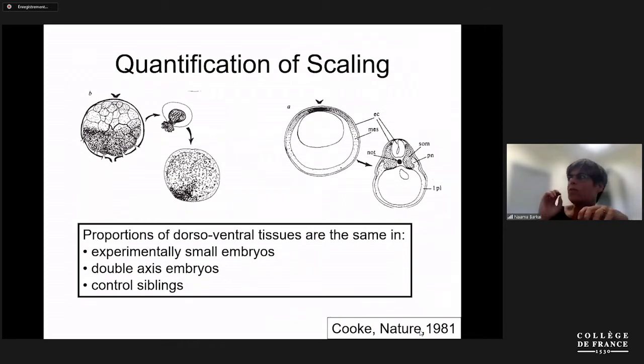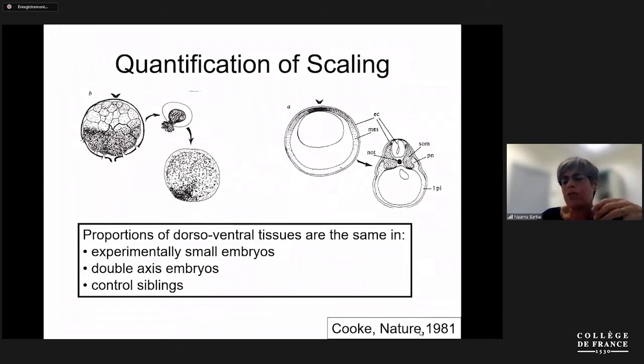And then he came back after some time and he counted all of the cells that were assigned to the different tissues and asked how many cells actually survived and proliferated, and what tissues they are assigned to. And what he saw is that he got smaller embryos as he expected.